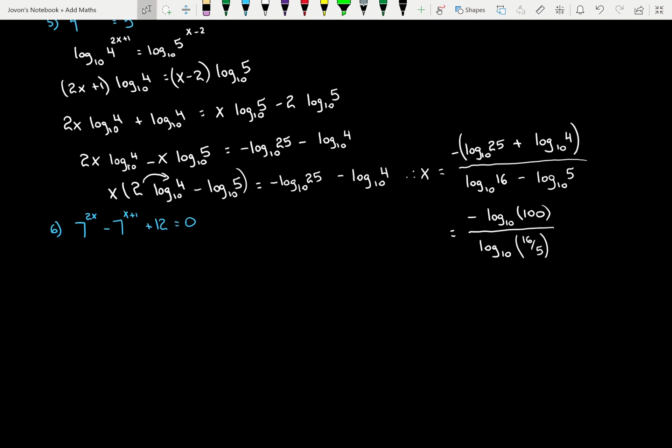Now we know that 100 is actually 10 squared. So the top actually simplifies to minus 2 over log 16 over 5 to base 10. Okay, and we could just find the value of that and get our answer.